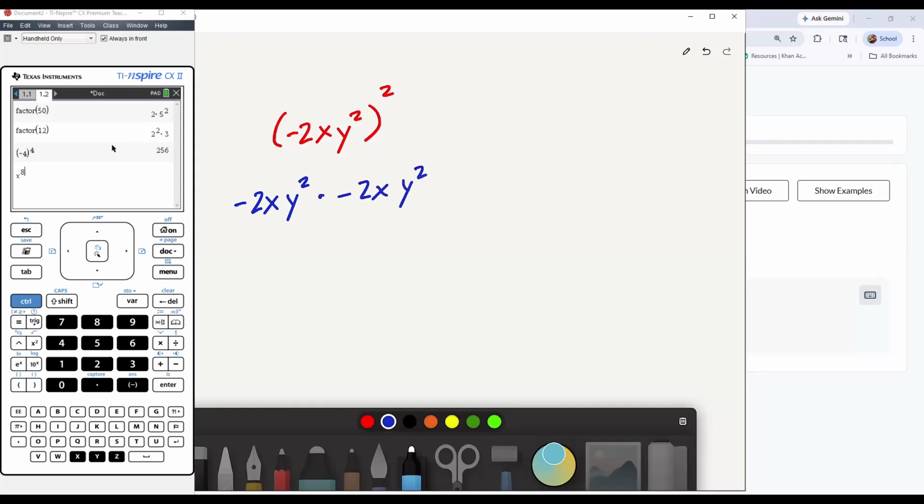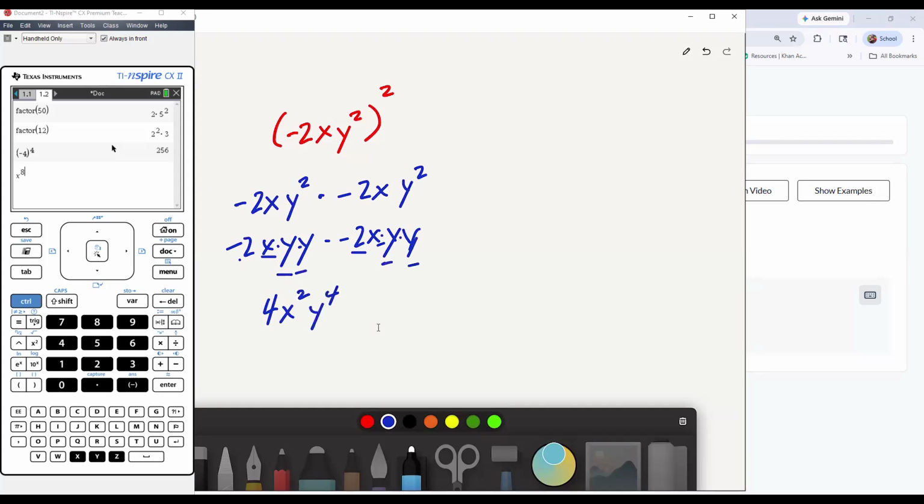Now we can go ahead and expand the y's out. These are all multiplications, by the way. All right, so now we can simplify it. Negative 2 times negative 2 is going to be a positive 4. We have 2 x's, so that's going to be x squared. And we have 1, 2, 3, 4 y's, so that's the 4th power. So that would be our answer.